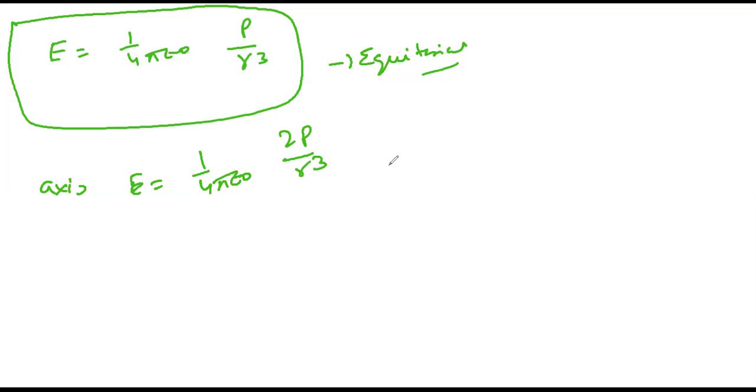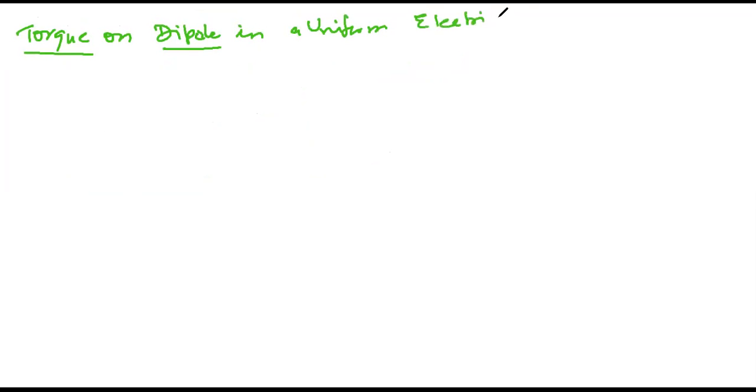Should I go for next topic? Yes, sir. Okay. Next is torque on dipole. Do you know the meaning of torque? When you are keeping the dipole in uniform electric field, the diagram is like this.